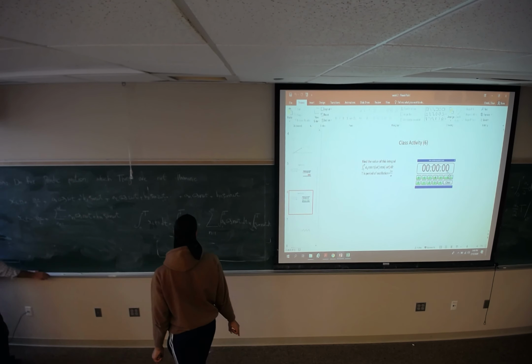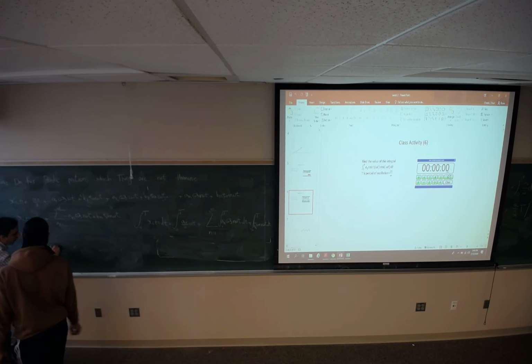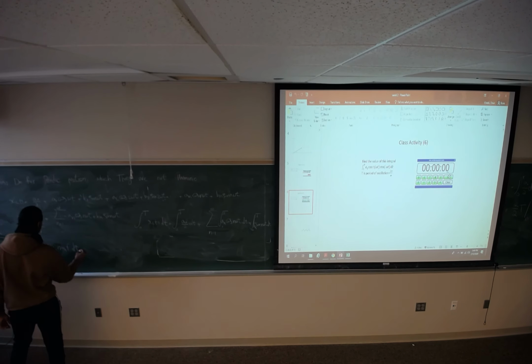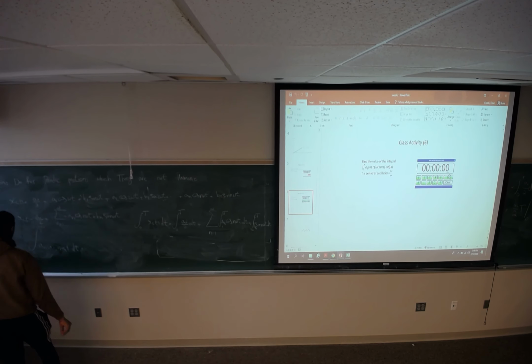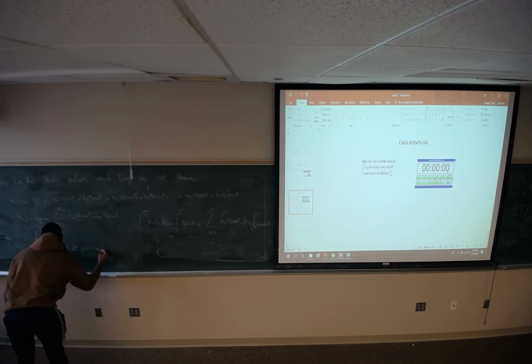So what we are looking at basically is the integration of cosine of n omega t dt from 0 to capital T. The only thing that's changing is time.